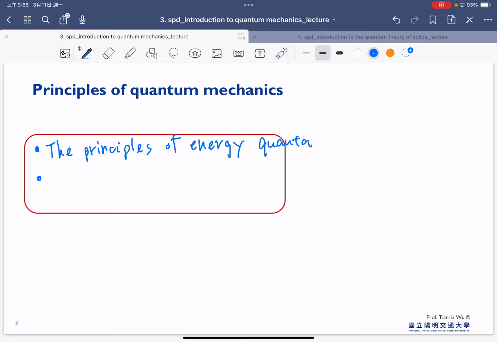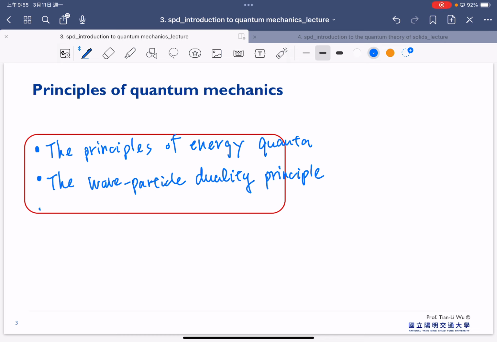And then the second part is the wave-particle duality principle. So that means that the carrier can work as a wave or can also be considered as a particle.